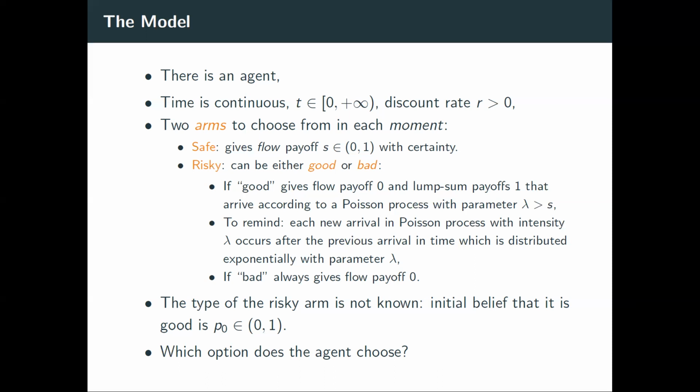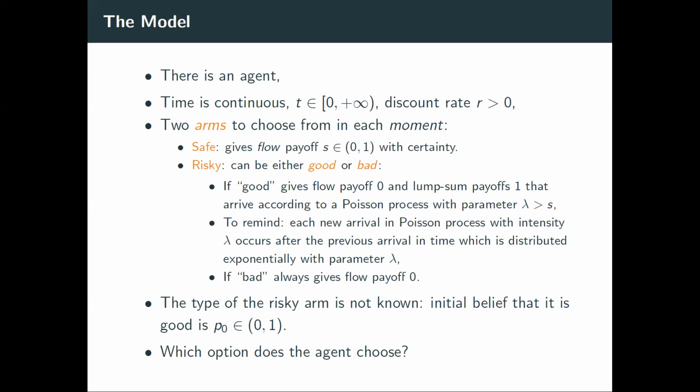For the risky arm, you almost always have zeros, something inferior in relation to the safe arm. But at some random points in time, you have huge arrivals, because for the safe arm, when you have a marginally small time interval, your payoff is marginally small. Here you have a real lump sum payoff. Your payoff is actually 1, not 1 times the length of the interval.